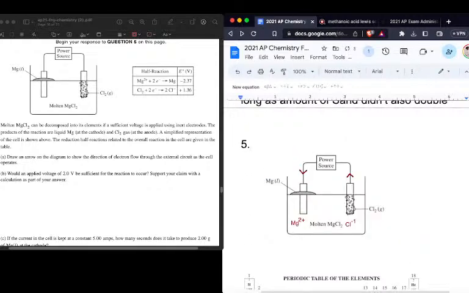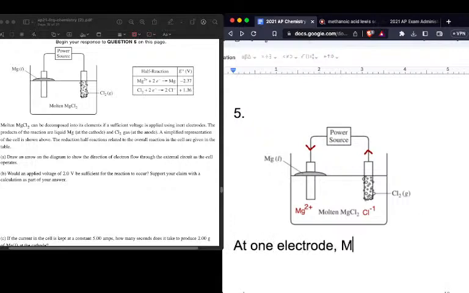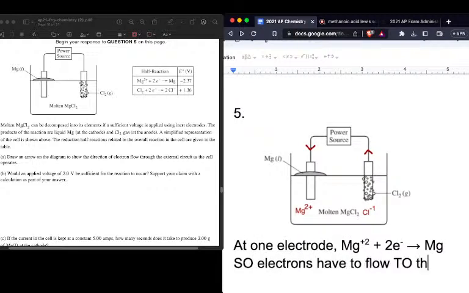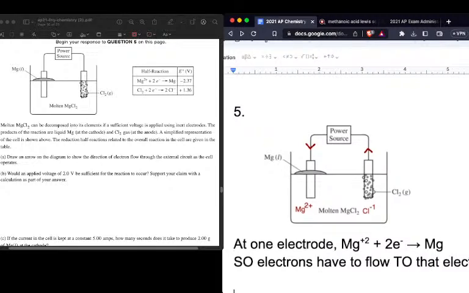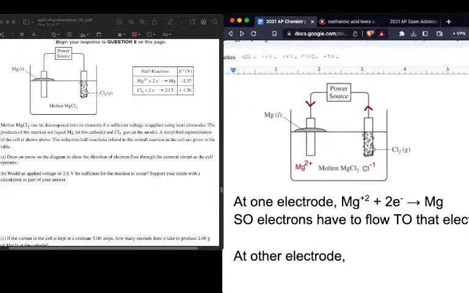I'm just putting that here. I'm going to explain myself in just a second. At one electrode, Mg2+ is getting converted to Mg. We require electrons to do that, and so electrons have to flow to that electrode. At the other electrode, what we have is Cl- becoming Cl2.